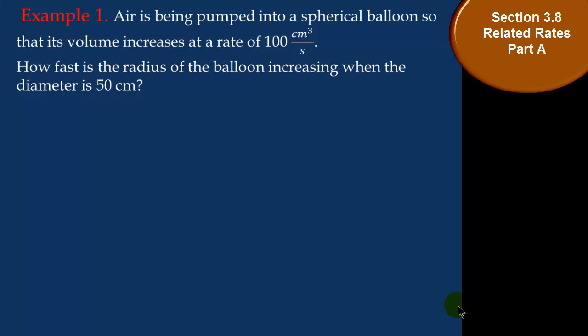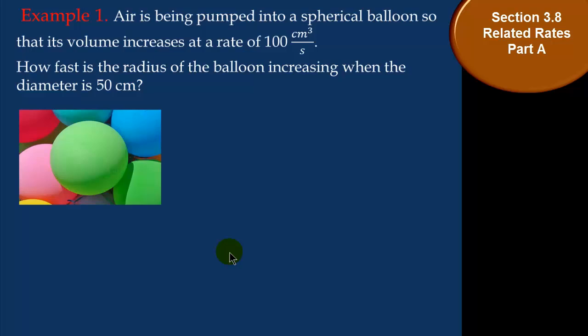Example 1. Air is being pumped into a spherical balloon so that its volume increases at a rate of 100 cubic centimeters per second. How fast is the radius of the balloon increasing when the diameter is 50 centimeters? All right, so picture a balloon and air is being pumped into it.